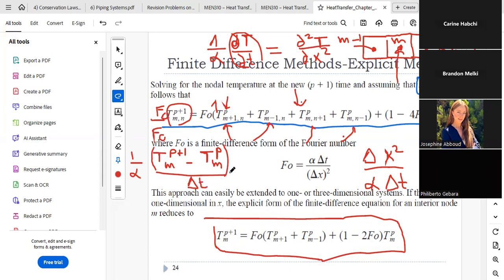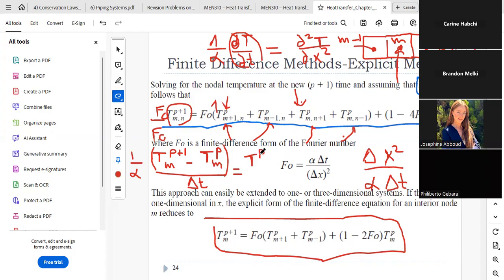equals, now we have seen together that we can replace the second derivative by the following expression. So first I consider the cell before and the cell after. So I can replace the second derivative by temperature at time P, because I'm using the explicit method.